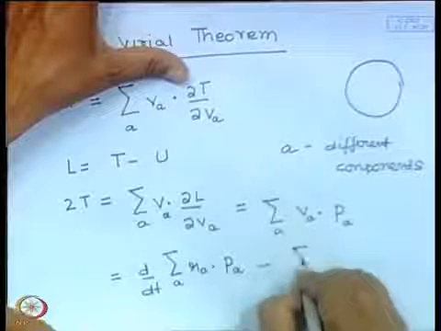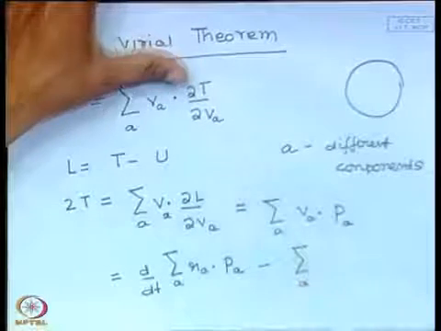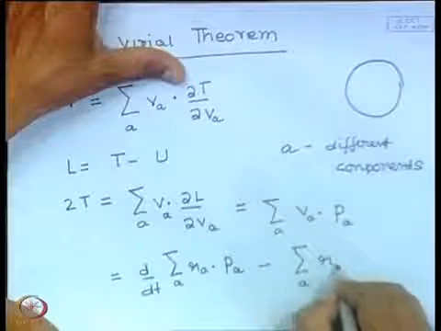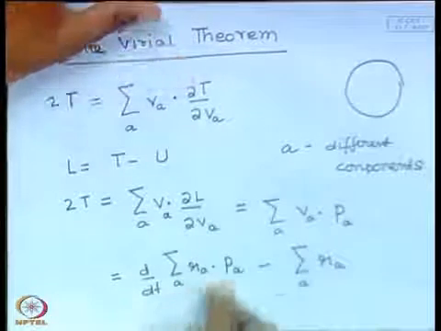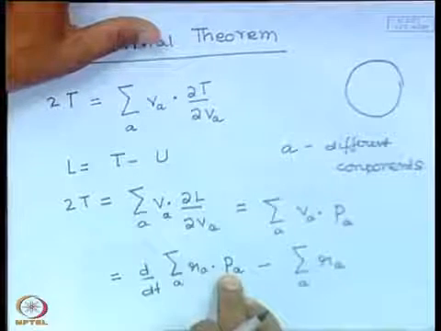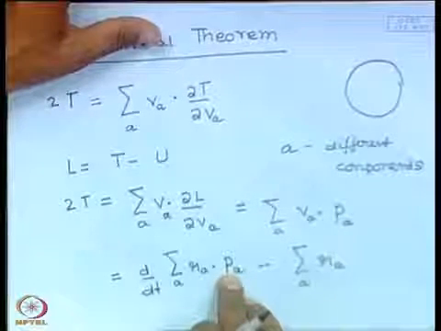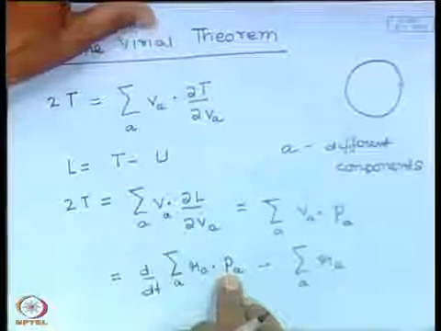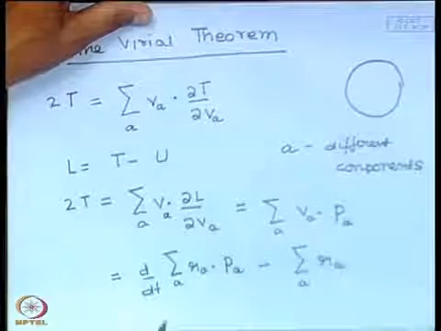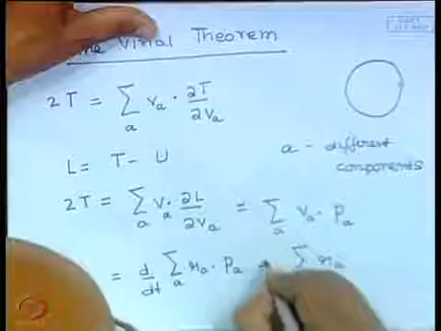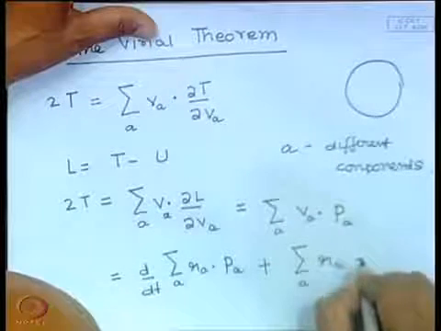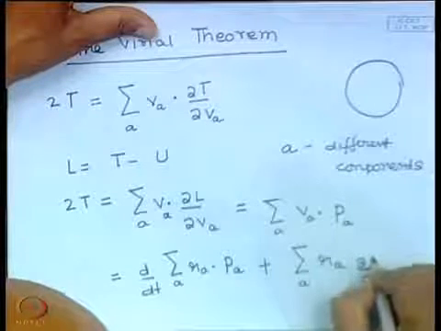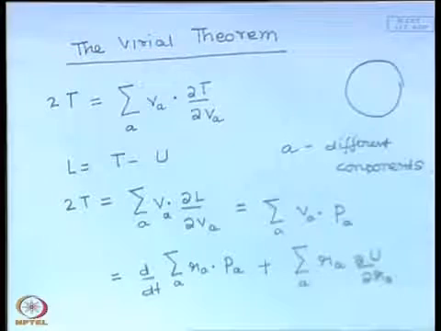So, I have to subtract out a term which is the sum over A of R_A dot the time derivative of the momentum, which we know is the force, and the force can be written as minus the gradient of a potential. So, this term can essentially be written as plus R_A dot del by del R_A u, right, that is just the force.